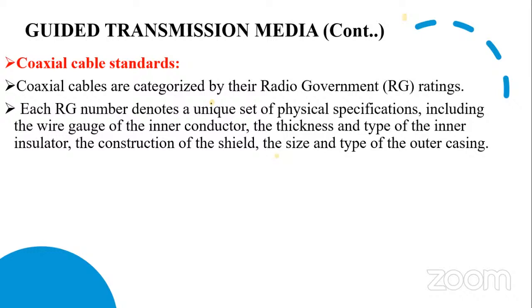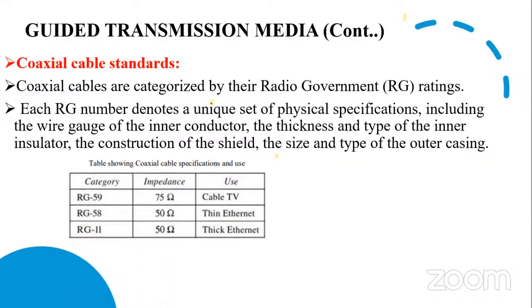Coaxial cables are categorized by their radio government ratings. Each radio government number denotes a unique set of physical specifications, including the wire gauge of the inner conductor and the thickness and type of the inner insulator construction. You can see the picture here. The RG-59 coaxial cable will be used for cable TV.